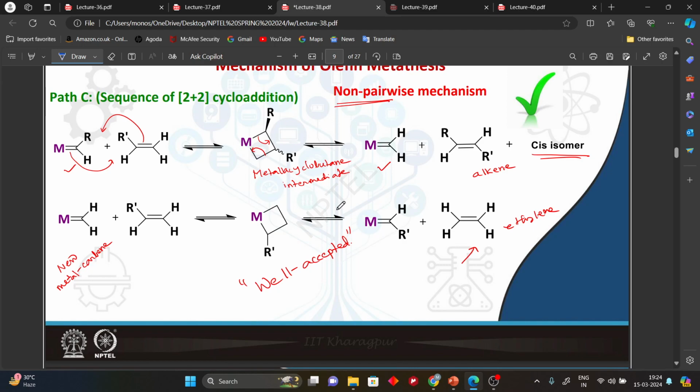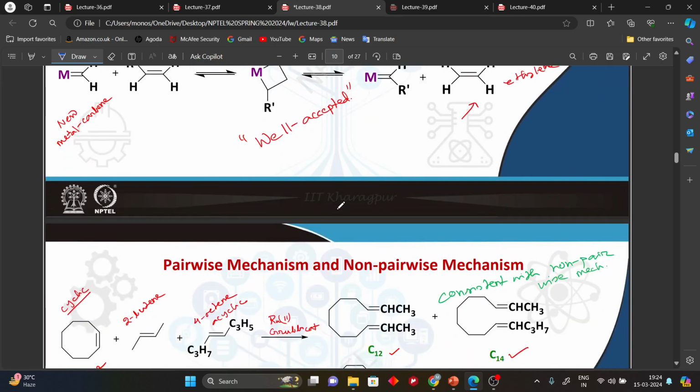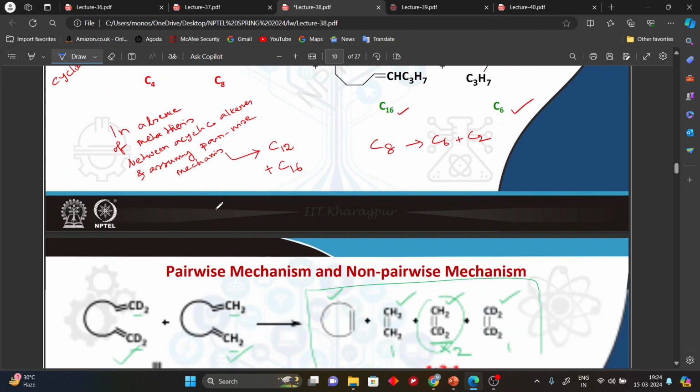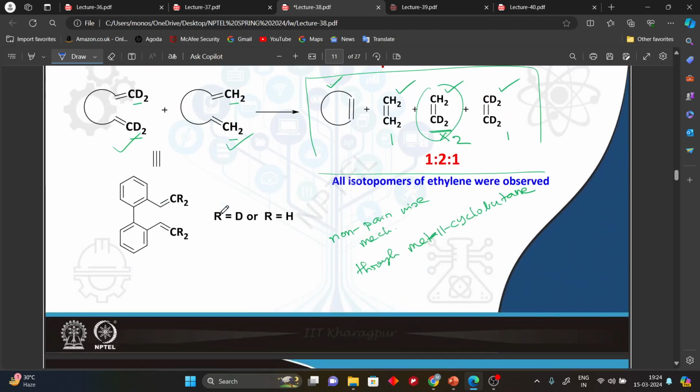Now, for confirming the right mechanism, these kinds of units are taken to prove that.